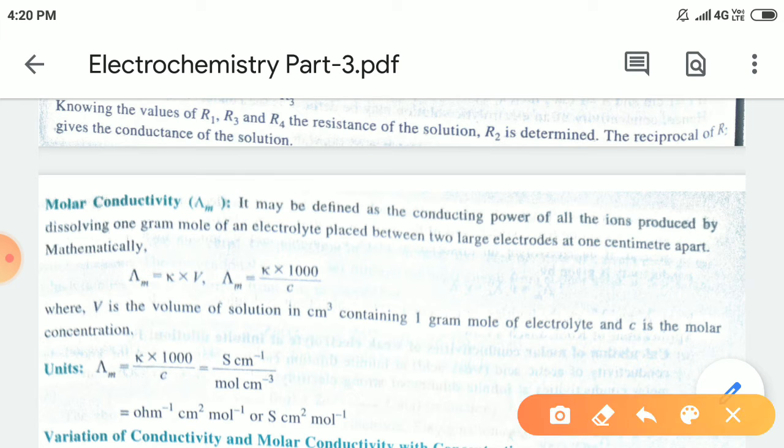Therefore, lambda m, that is molar conductivity, is equal to kappa into V, where V is the volume of solution. So finally we may write molar conductivity is equal to kappa into 1000 upon C, where C is the molar concentration of the electrolytic solution.